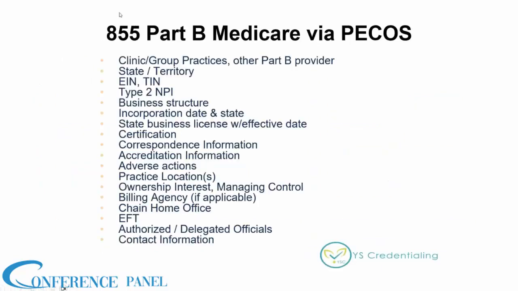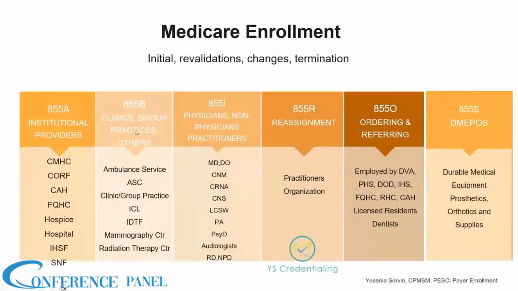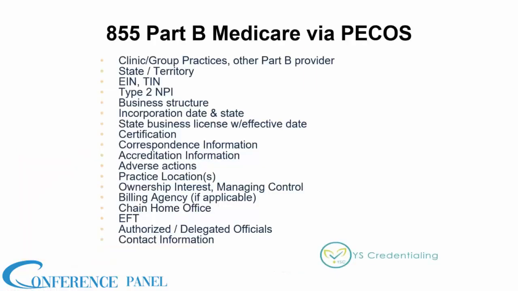And so 855B, and if you recall, I should have inserted that little remark. B is our clinics, groups, and other types of practices that are not considered facilities. Same type of question, same type of information that PECOS is going to require from you. What is the state and territory? What is the EIN, TIN? What is the type 2 NPI? And what do you remember about type 2 NPI?